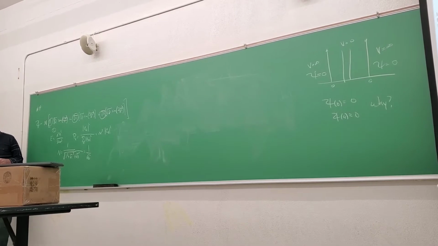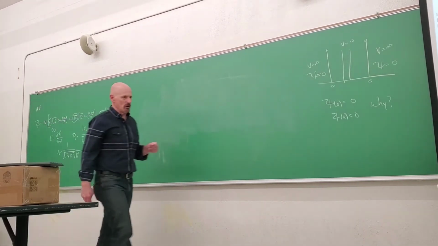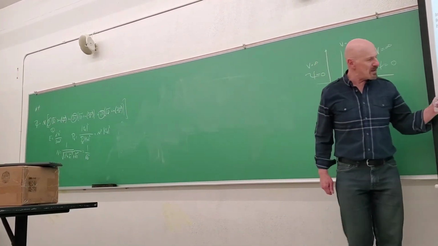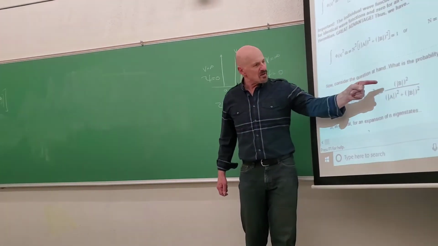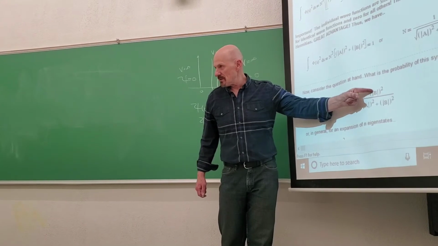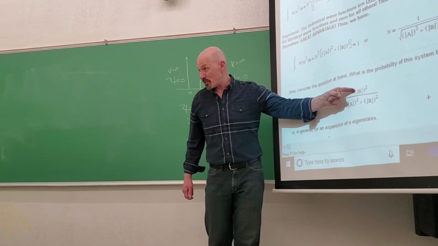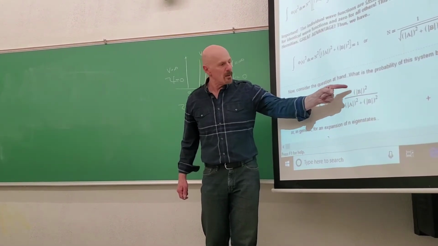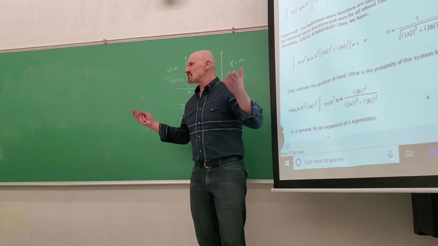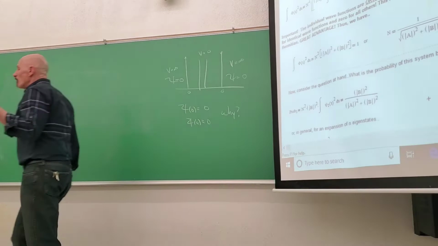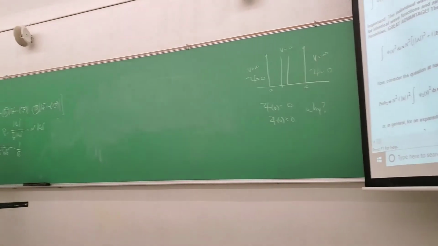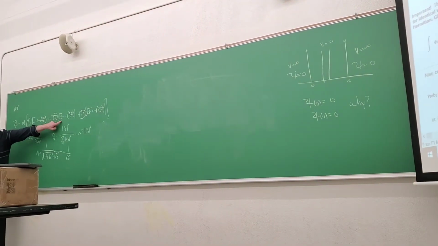Now, the probabilities are illustrated here. The probability of being in any particular given state is the coefficient multiplying that particular state, squared, times the normalization constant. So for n equal 2, that's this state here.